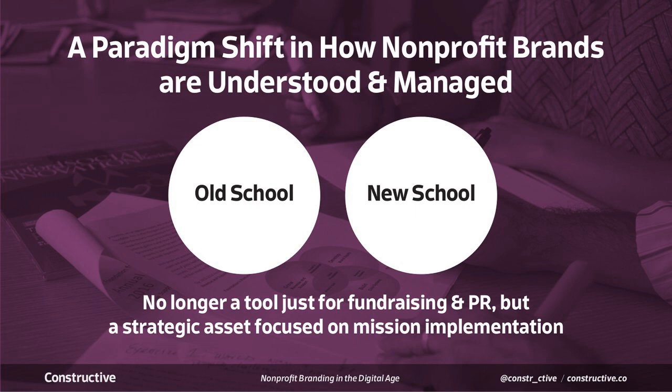And as the nonprofit sector has come to the growing realization that many nonprofits cannot achieve their missions alone, the expectations of what their brand must accomplish for them has evolved. And this has been the transition from the old school to the new school. And the shift of focus has been away from brand strategy as a tool that's just for fundraising and PR and marketing, we'll say, but more a strategic asset that's focused on mission implementation.